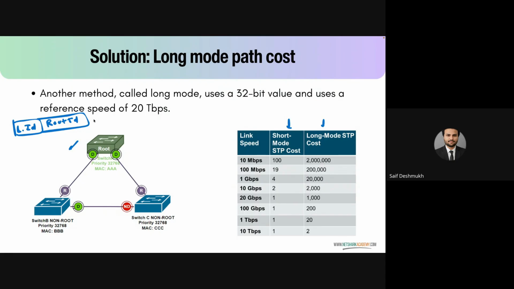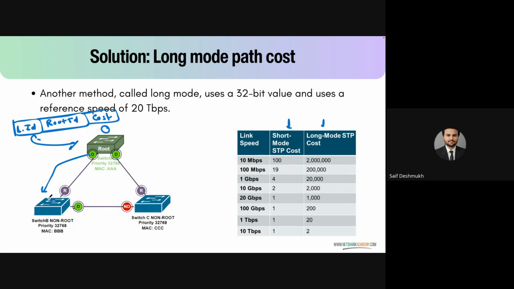And then there is a third field called cost. This is the format of the frame. It's not something that only the root does. This is the default format of the configuration BPDU. The root says, that's me. The root ID and local ID are going to be the same in this case. The cost is going to be 0. So when the cost is sent here, it's going to be 0.